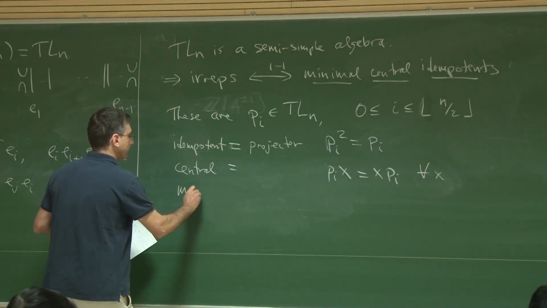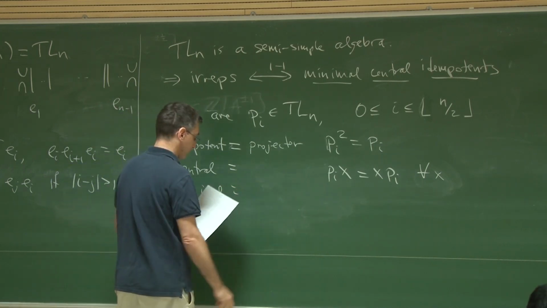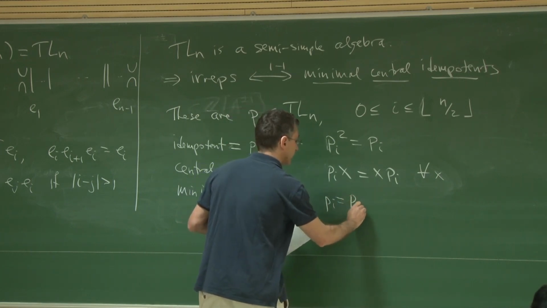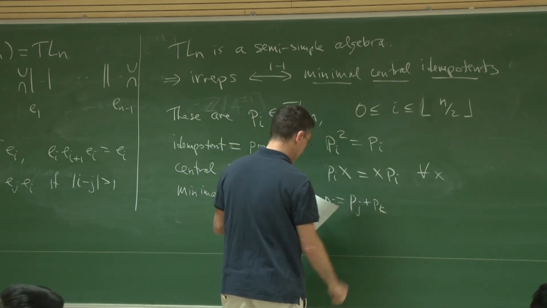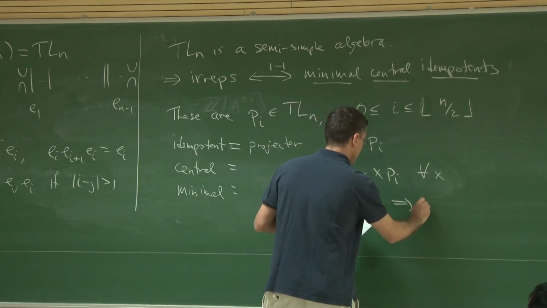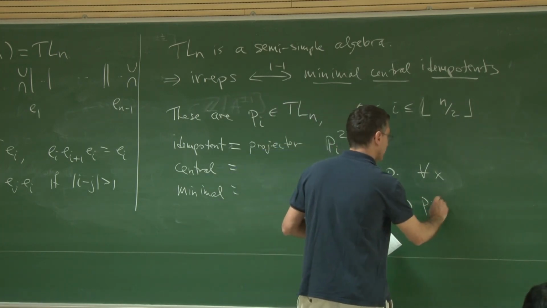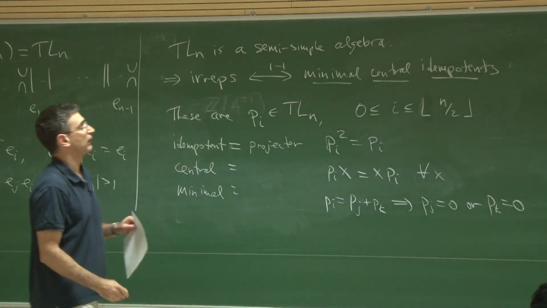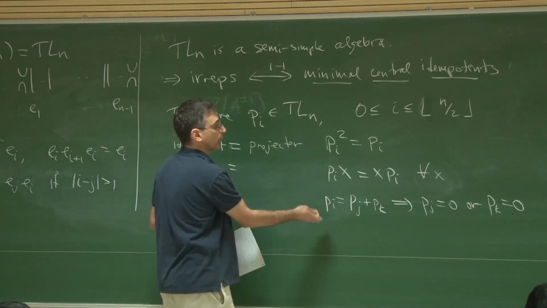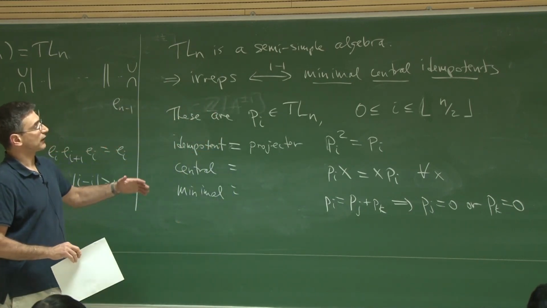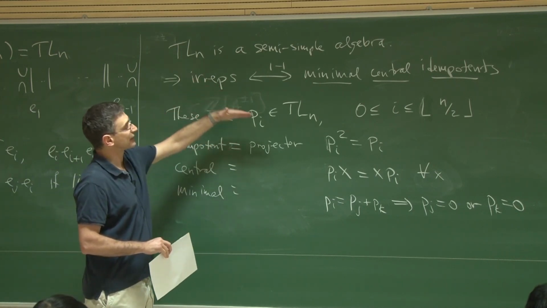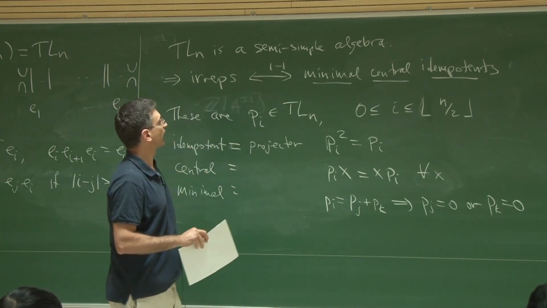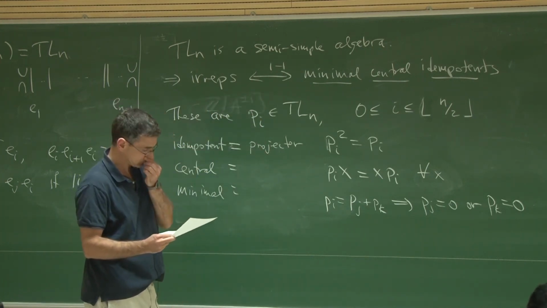And minimal means that if pi can be written as a sum pj plus pk, then that implies that pj equals 0 or pk equals 0. Okay? So these three properties come from an existence statement. So there exist such gadgets for every irreducible representation.